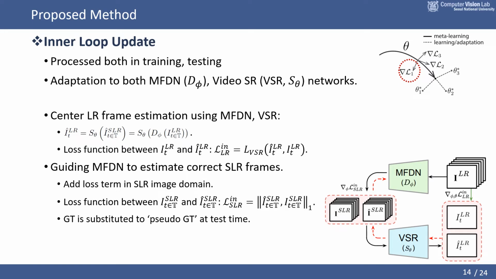Then the calculated reconstruction loss is backpropagated through both networks by calculating the error loss between the ground truth, ILR, and the result of the VSR network, ILR hat. We also add an additional guidance loss in the SLR image domain to make sure that MFDN is estimating the correct SLR frames.